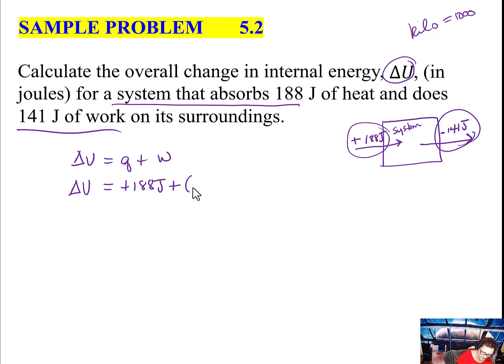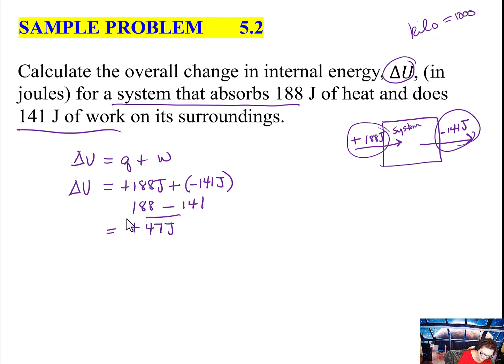So my work is going to be a negative number because it's decreasing the overall energy of my system. And so plus 188 plus a negative 141 is the same as 188 minus 141, right? And so that's going to give me a total of positive 47 joules.